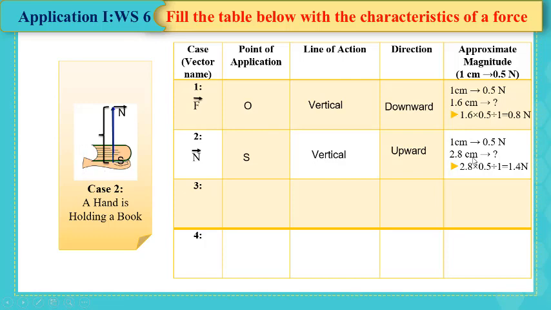Note that we should always pay attention to write the same units under each other. Centimeter under centimeter, Newton under Newton. So 2.8 centimeter multiplied by 0.5 divided by 1. It will be 1.4 Newton. So the force exerted by the hand on the book, its magnitude is 1.4 Newton.